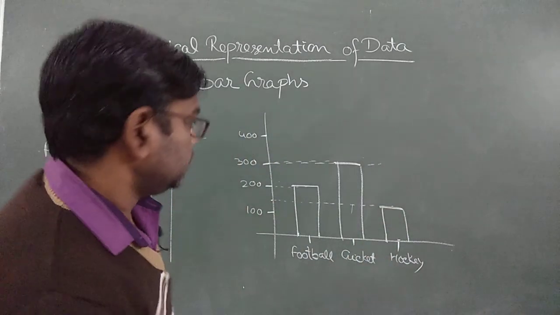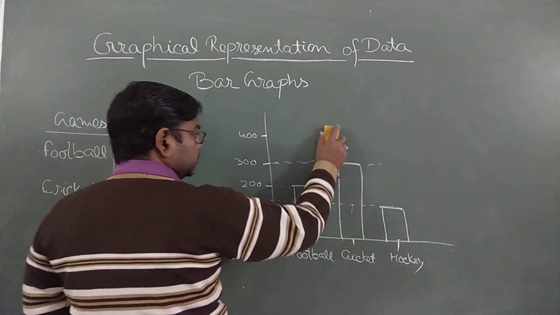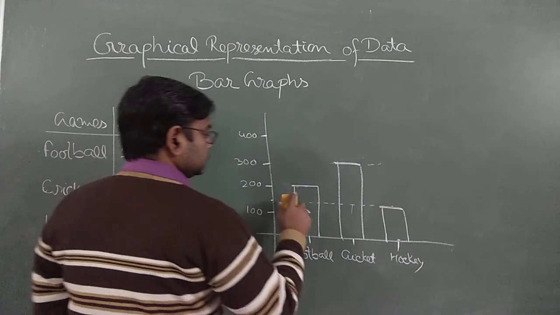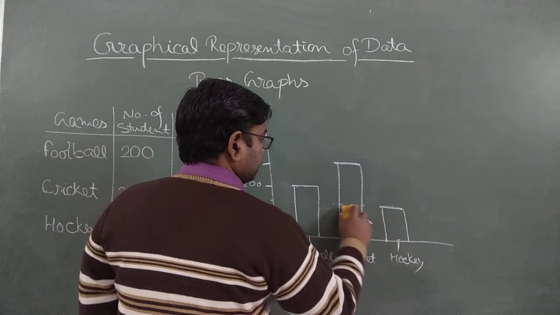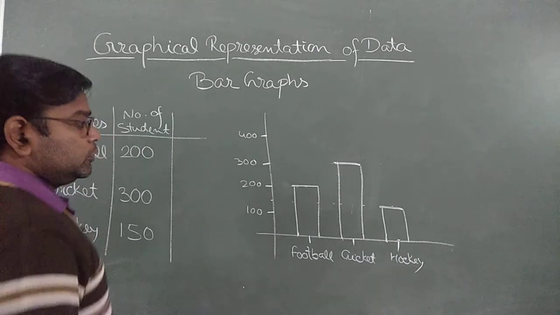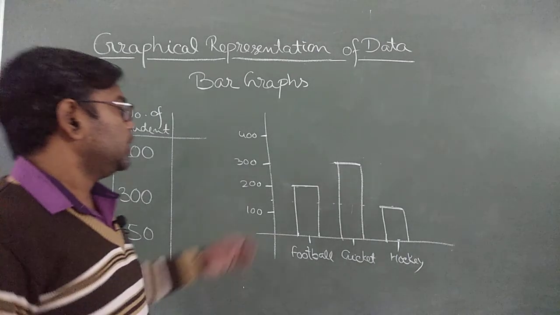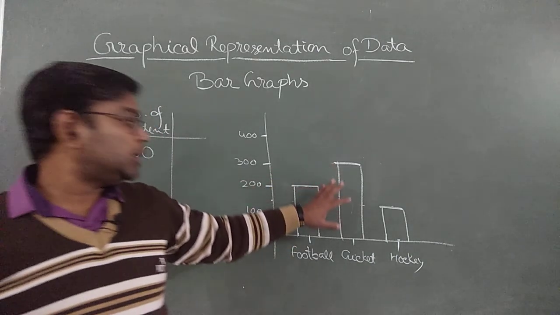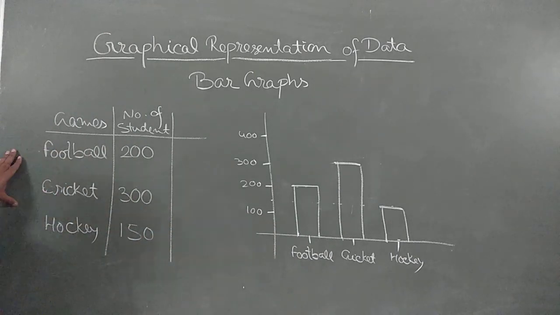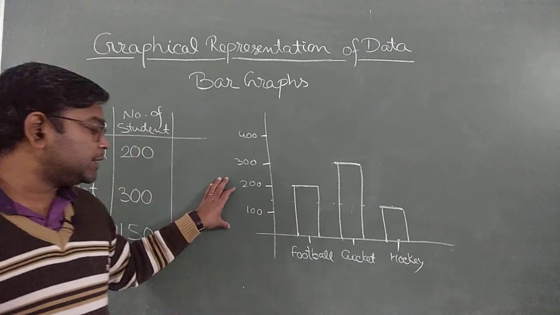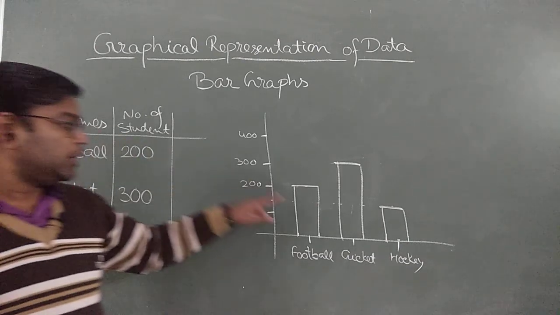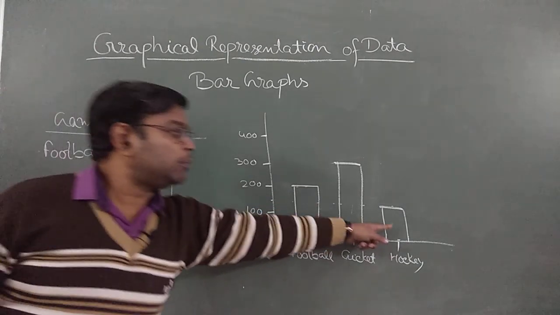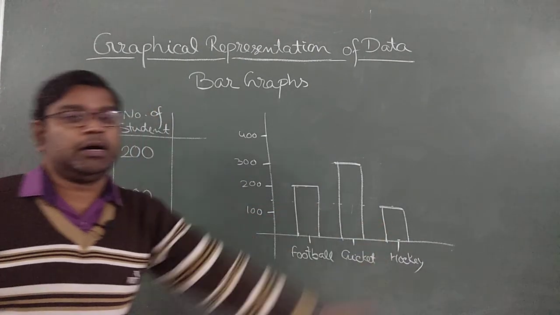Now, always use a pencil to draw these graphs. So this is the pictorial representation of this data. From this we can easily describe the data. These are in the form of bars, so these are known as bar graphs.